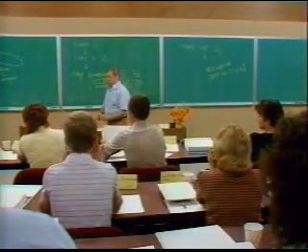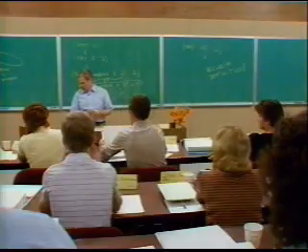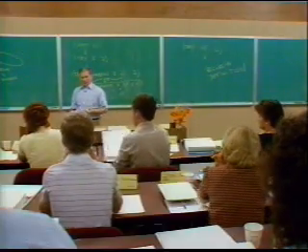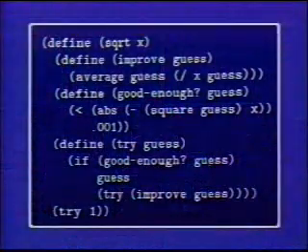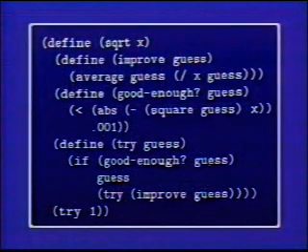Well, there's one more thing that I said. Let me show you a variant of this definition of square root here on the slide. It's sort of the same thing. What I've done here is packaged the definitions of improve and good enough and try inside square root.